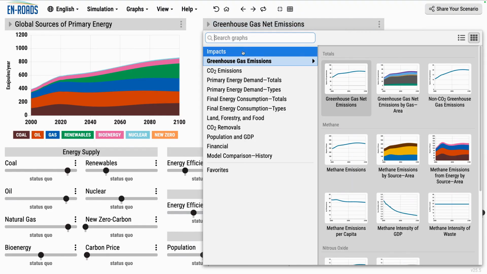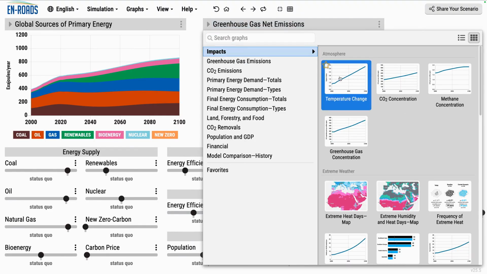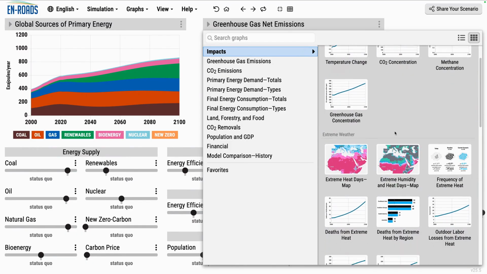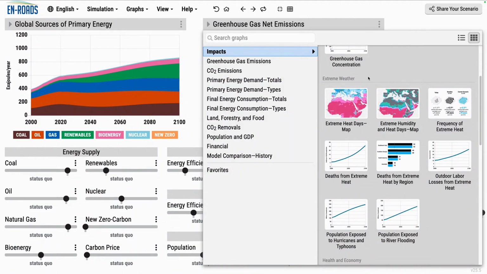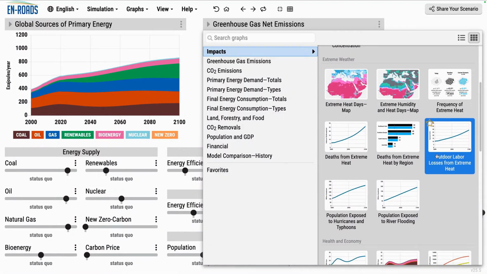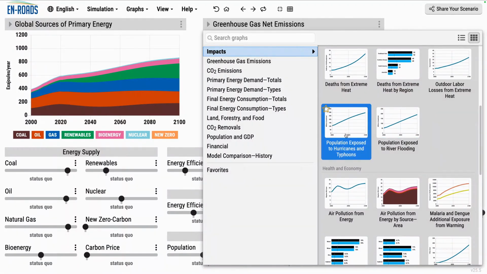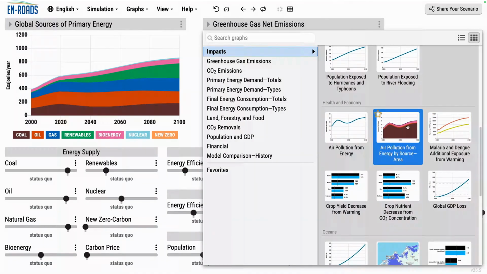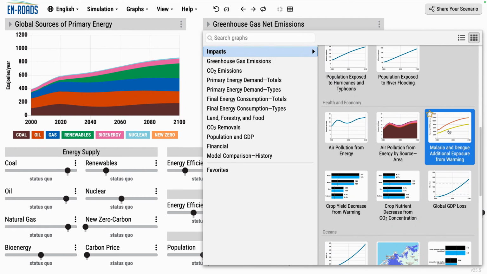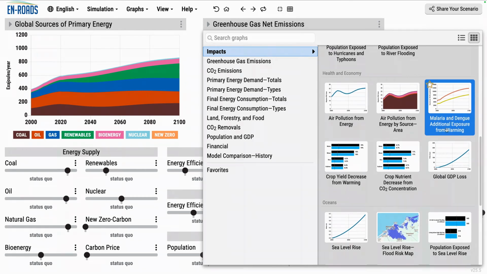Impacts live here. Impacts area, and over on the right, you can see the many different areas. I'm going to focus on these five main areas of extreme weather. Here we have a whole series of graphs on heat around the world. Secondly, typhoons and hurricanes, and people exposed to river flooding, extreme weather events. Air pollution, vector-borne illnesses like malaria and dengue.